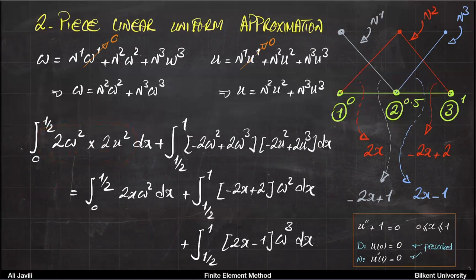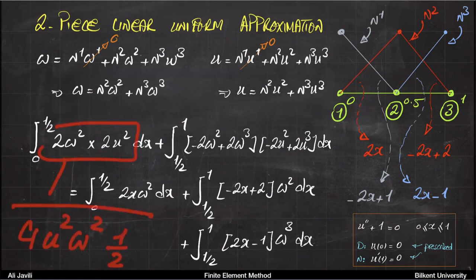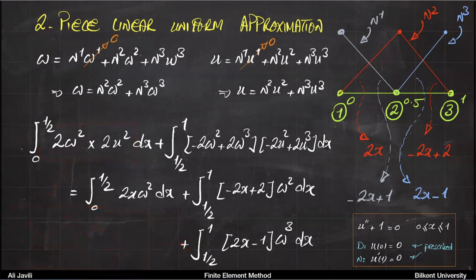So the first integral gives you something like 4u2 w2, and then integral of dx from 0 to 1/2 is just 1/2. So from the first thing you get something like 2w2u2, and then you do the same thing. Here again everything is constant, so they come out and simplify, and here you have integrals which have just x, so also not very complicated.